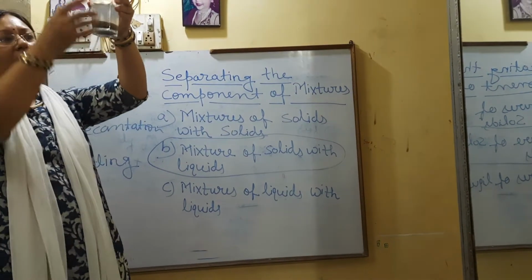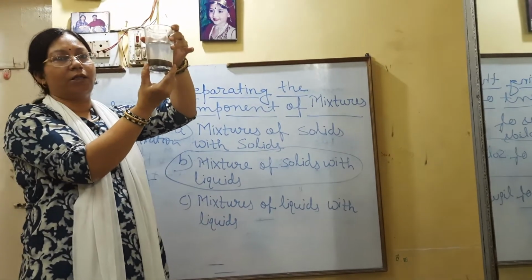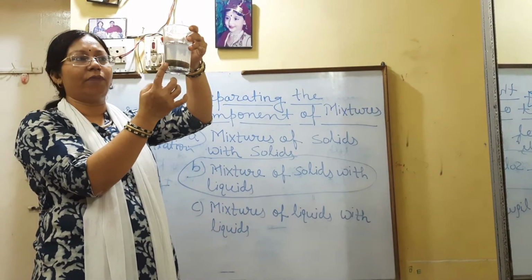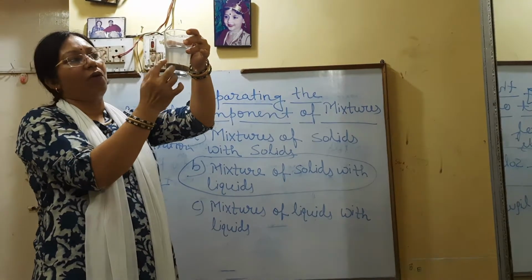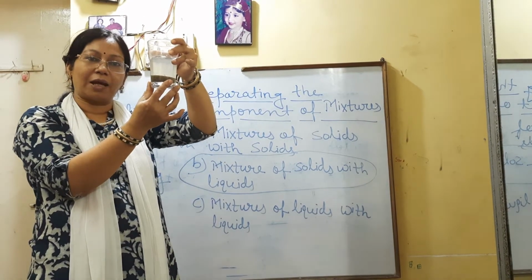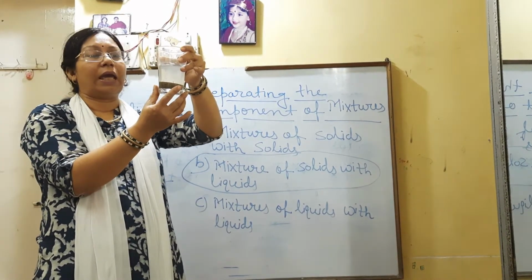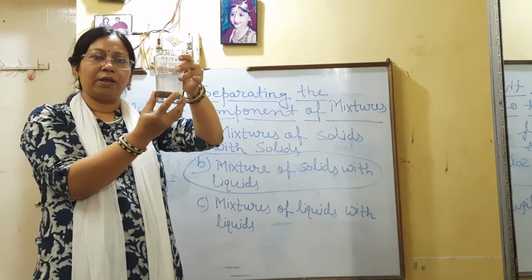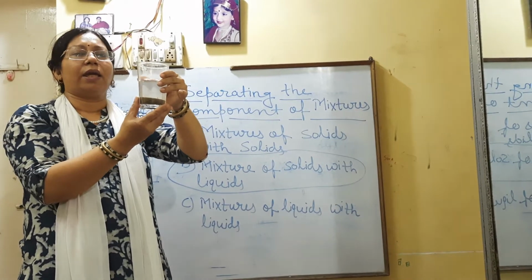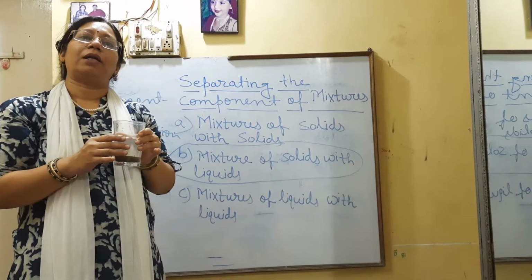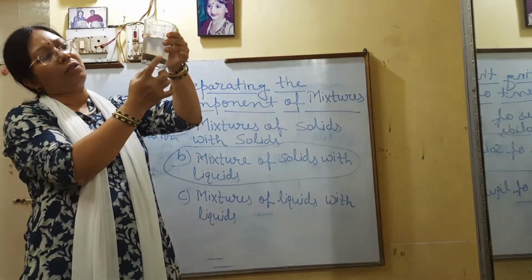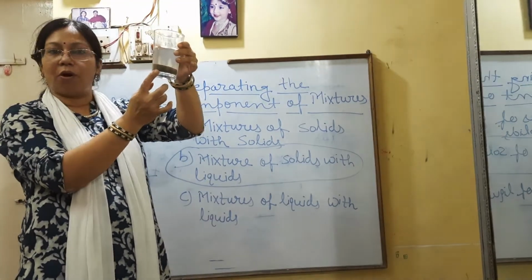You can see how clear the water is looking. All mud particles are at the bottom and you can see very clean water above. How did it happen? Alum dissolves in water and sticks to the soil particles. In this way, soil particles get loaded with alum and then settle down at the bottom.